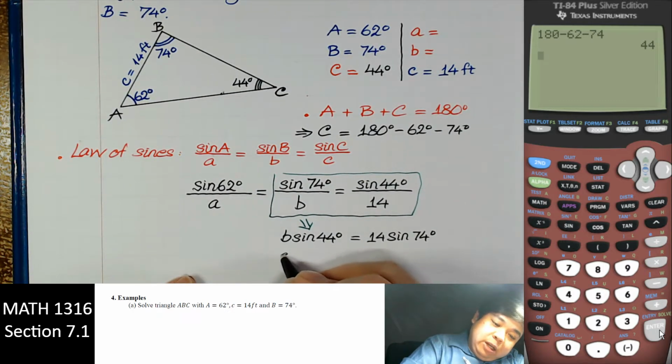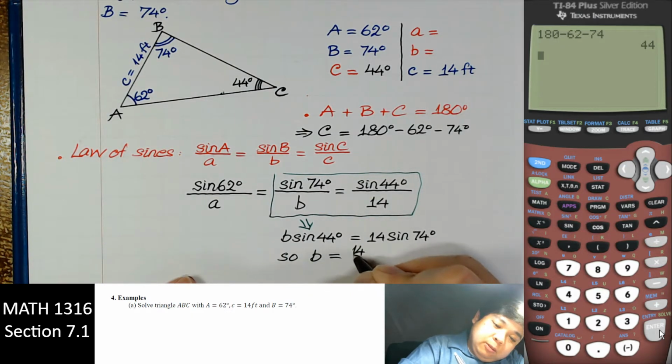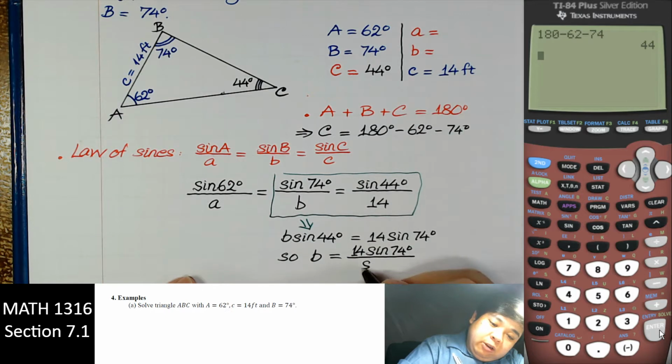And then to solve for b, we will take 14 sine 74 over sine of 44.